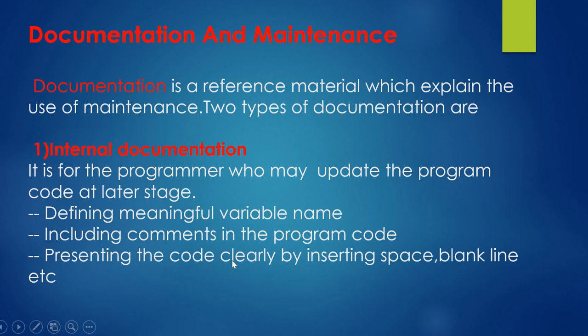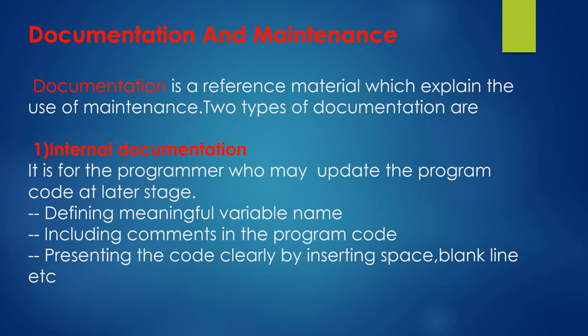Then presenting the code clearly by inserting space, blank lines, etc. Suppose we need to initialize 10, 20, 30, 40 in 4 variables A, B, C, D. That is A is equal to 10, B is equal to 20, C is equal to 30, D is equal to 40. In C++, you can write that in one line. But if you write it in one line, it is difficult to understand.